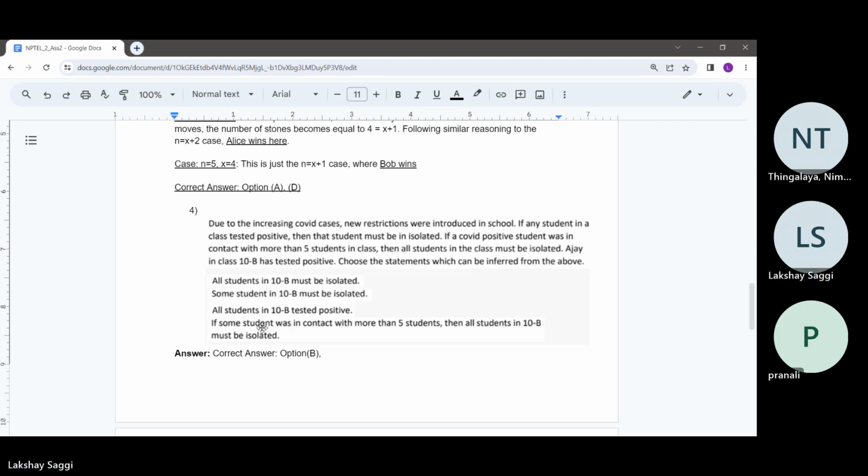It could be the case that Rajiv was not COVID positive and came in contact with 5 students. Then it's not an issue for the class, right? Maybe Ajay did not come in contact with any student, but Rajiv did. So in that case, there won't be an issue. So this option is also incorrect. So the only correct answer is option B.